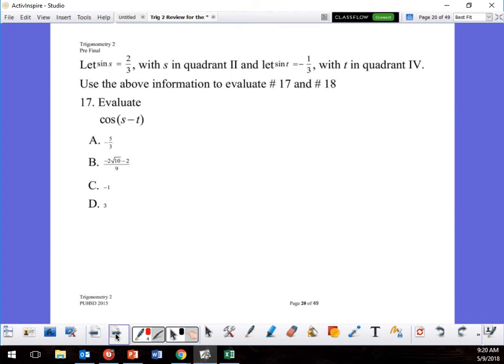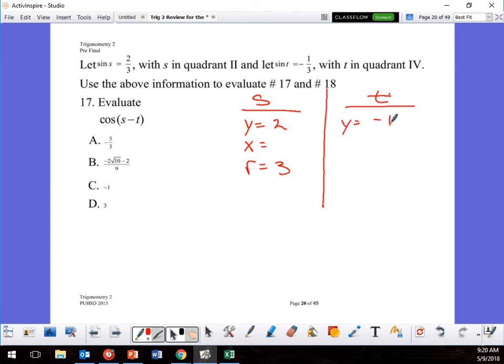For s, my y value is 2, my x value I don't know, but my r value is 3. For t, sine again is y over r, so y is negative 1, x I don't know, r is 3.